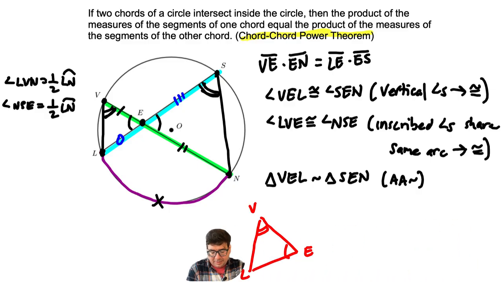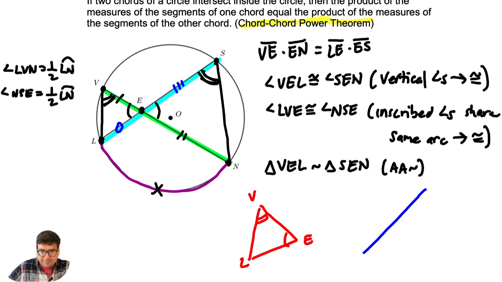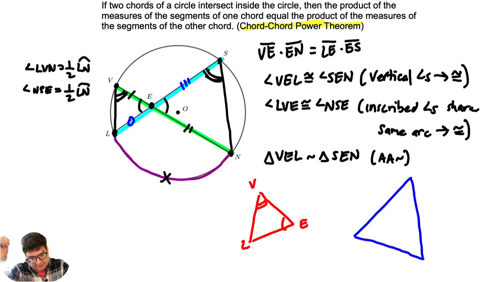That is similar to this larger triangle. Let's try to sketch this out nicely. I'm just redrawing this triangle here, and that is S, E, and N. We have those two angles congruent in these two.